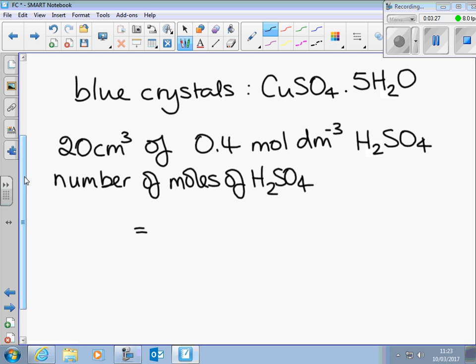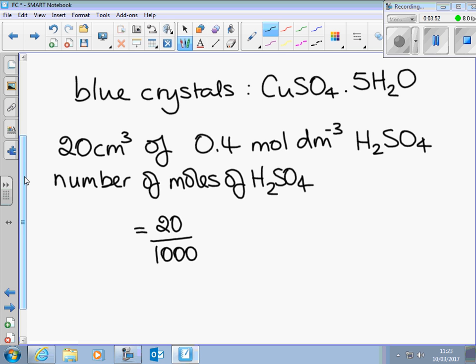How many centimetre cubed are there in a litre? Or a decimetre cubed? 1,000, yeah. We're using 20 of them. So we're using 20 1,000ths of a decimetre cubed. And if it was a whole decimetre cubed, it would have 0.4. But we're only using 20 1,000ths.